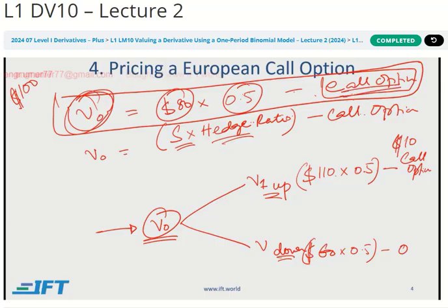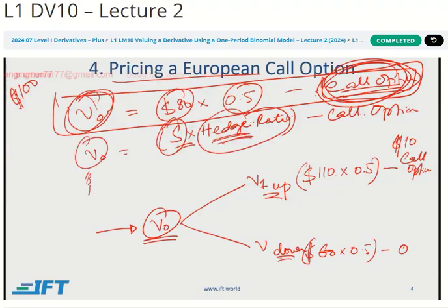And that is how the pricing of the call option is done. We know the spot price, we figure out the hedge ratio, which is something I will teach you next, and then we figure out the value today, and then we plug these values in, and we calculate the value of the call option today, because this whole exercise is being done to price a European call option.